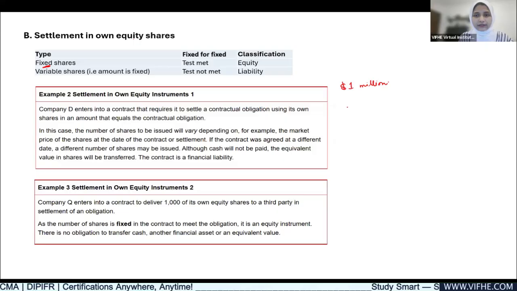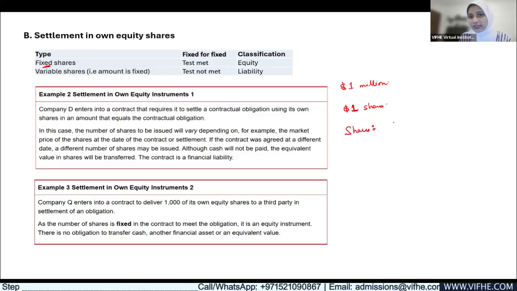Now there are shares in the organization. When I have to make a payment towards this liability of 1 million, you are fixing that I will pay the liability in the form of shares.